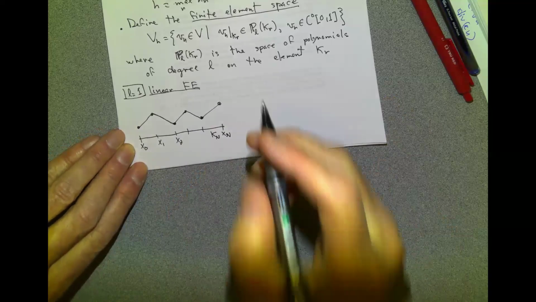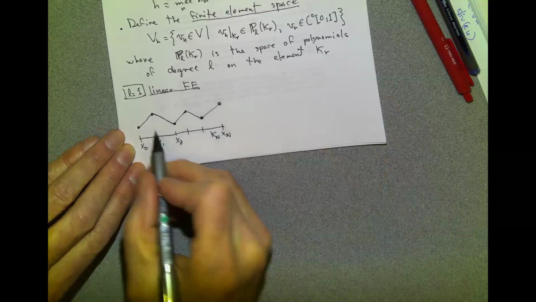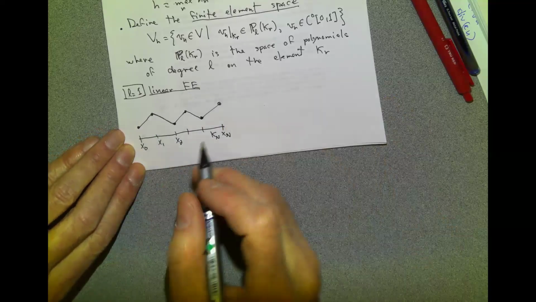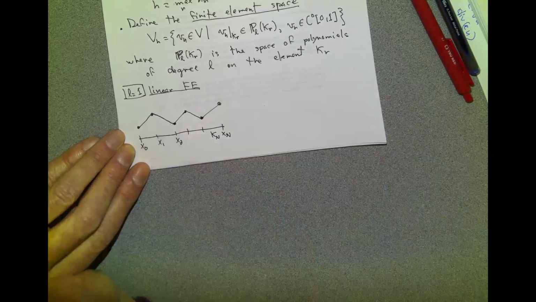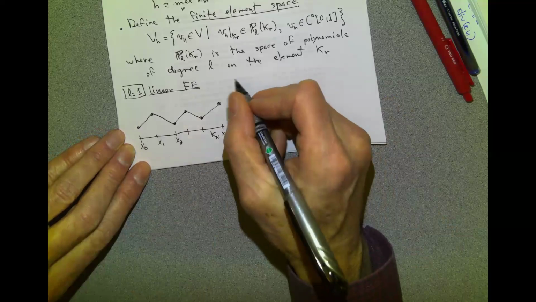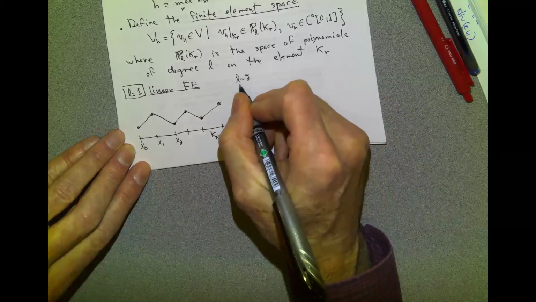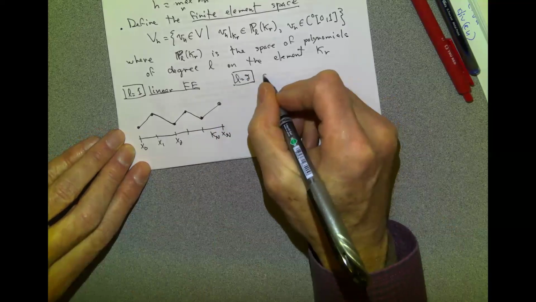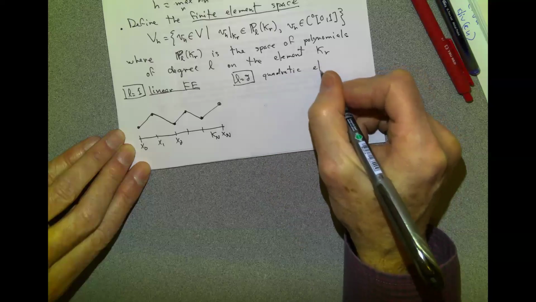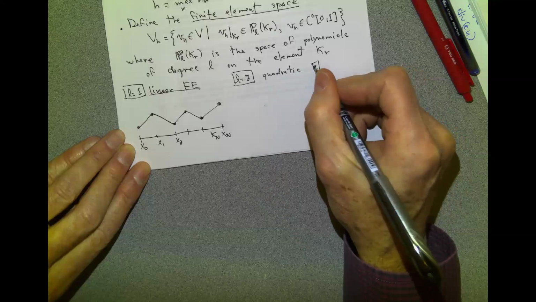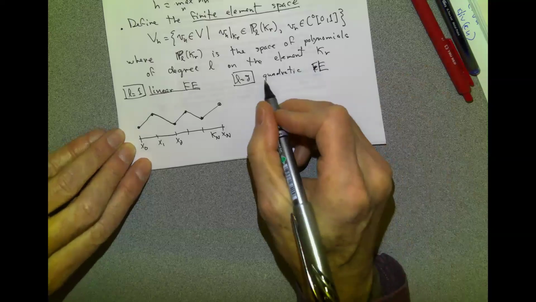While if I use quadratic elements, you need on every element to specify values of the function to completely specify it. When L is equal to 2, we say that we have quadratic finite element. These are the most popular ones.